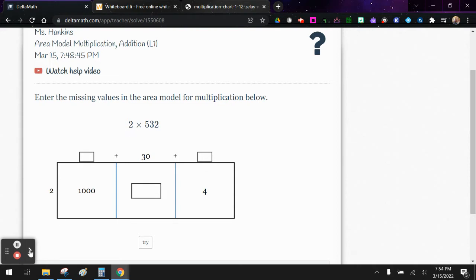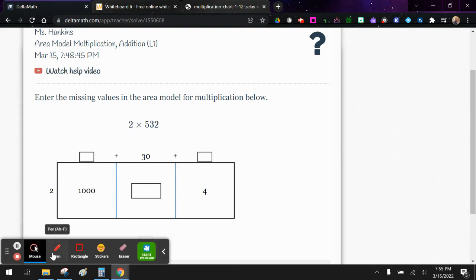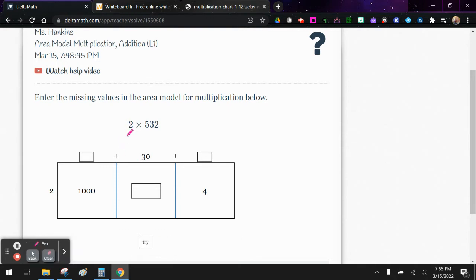With 2 times 532, we have to break it down by place value. The first number on the far right side is the ones place. The 3 is in the tens place. The 5 is in the hundreds place.